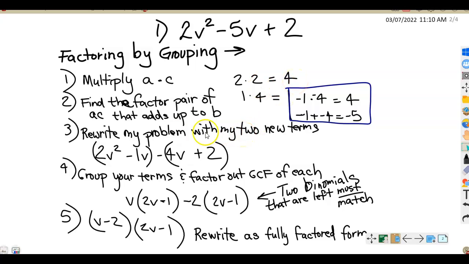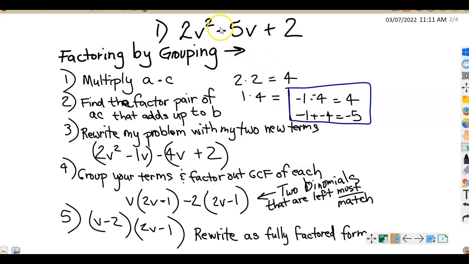So then you're going to find the factor pair of AC that adds up to B. And in our case, the B it has to add up to is -5. So here are our factor pairs of 4. We have 2 times 2 and we have 1 times 4.